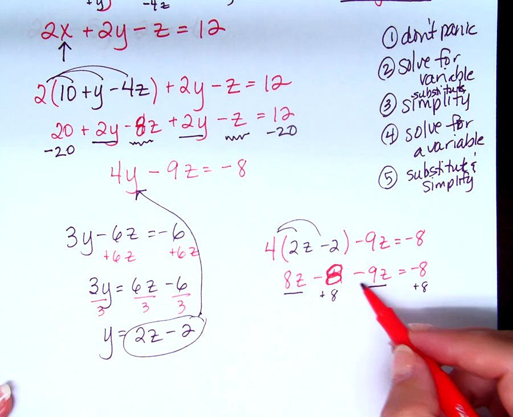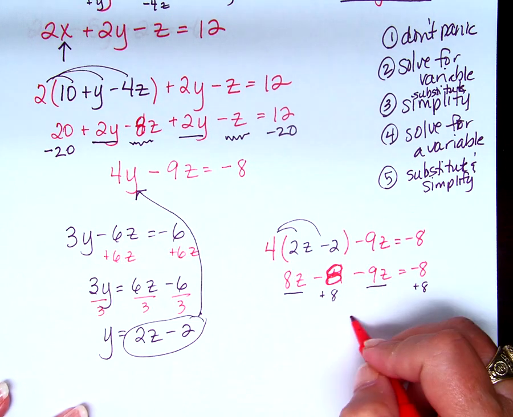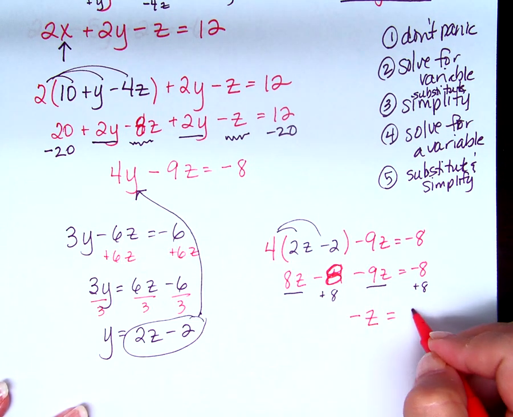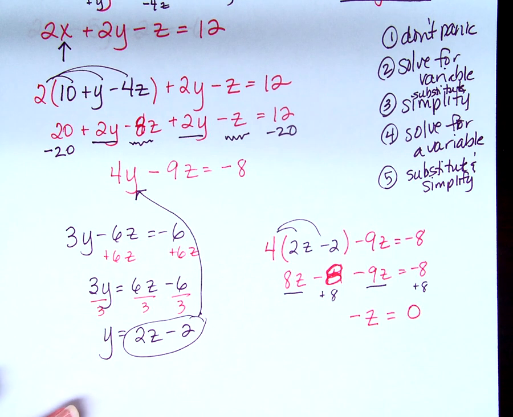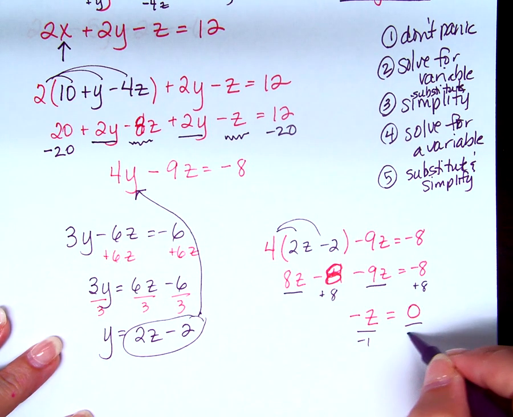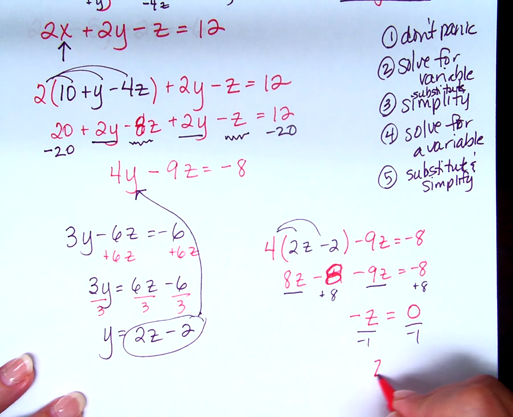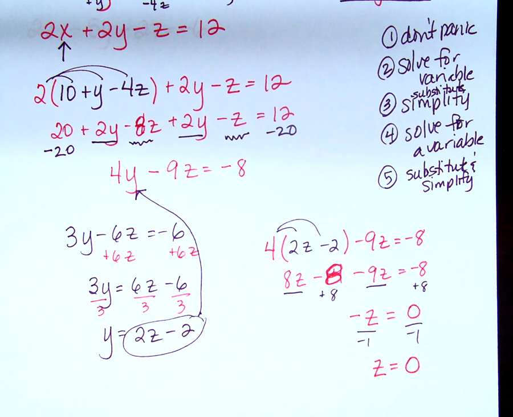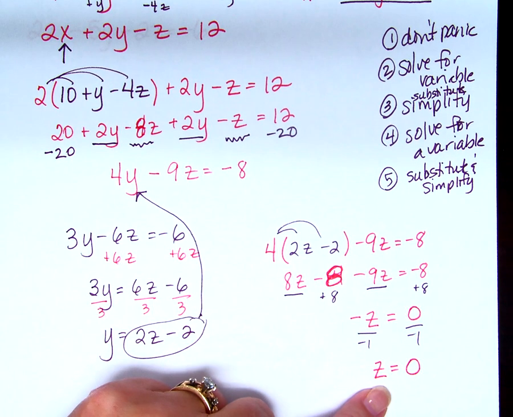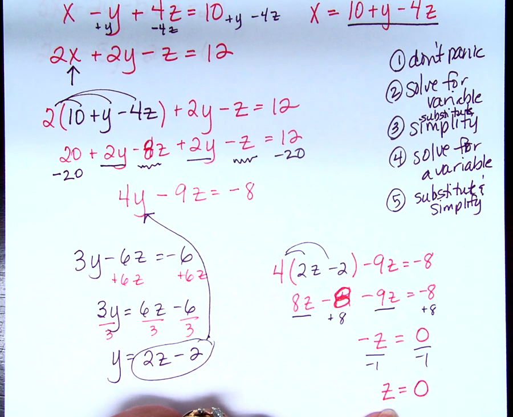So 8z and negative 9z is negative z equals 0. To solve for z, I divide by negative 1. So z is 0. That took a lot of work to find one z. Okay? If you're upset about that, I have Kleenex back here.